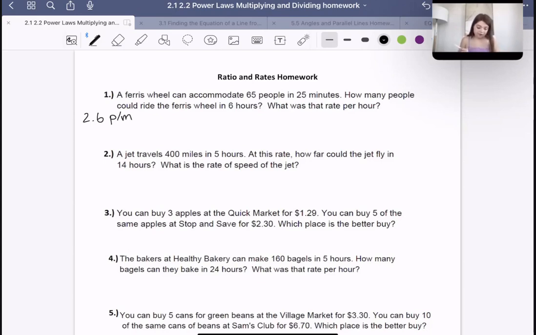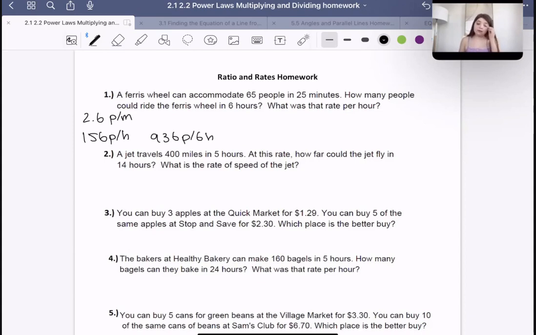And then if we multiply that by 60, we're going to get how many people in an hour. It's going to be 156 people per hour, right? And then now we want to know what is the rate for 6 hours. Well, let's multiply that by 6. That's going to be 936 people per 6 hours.